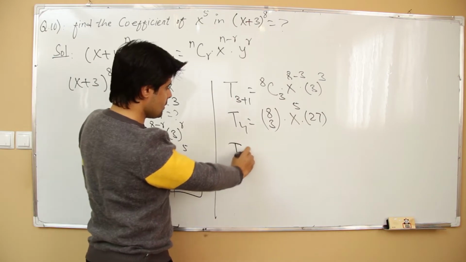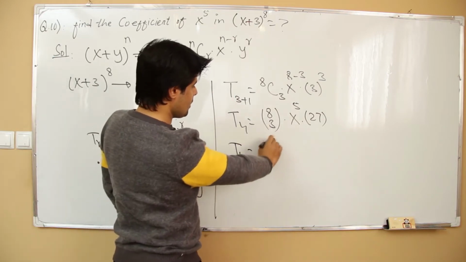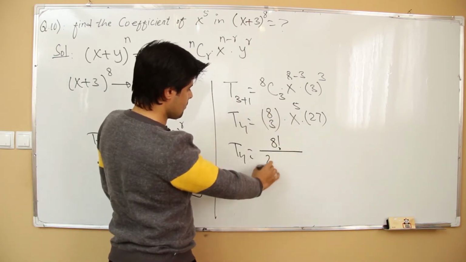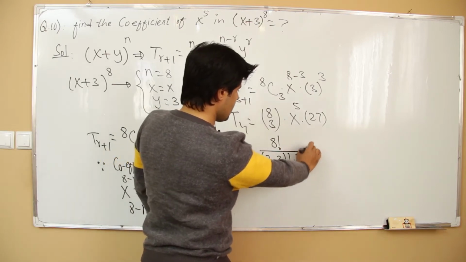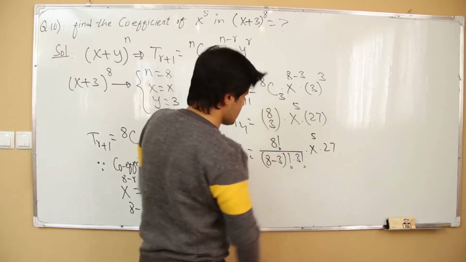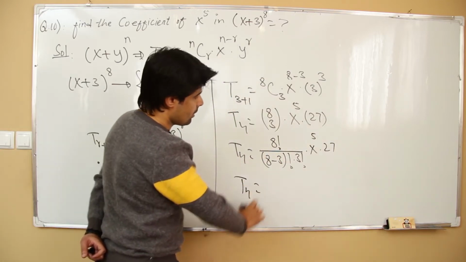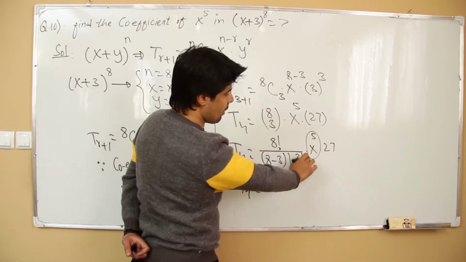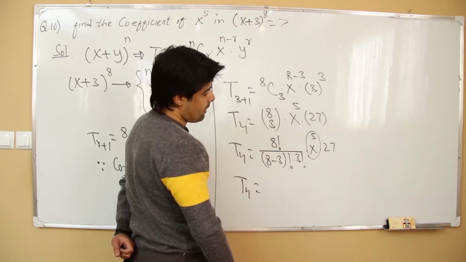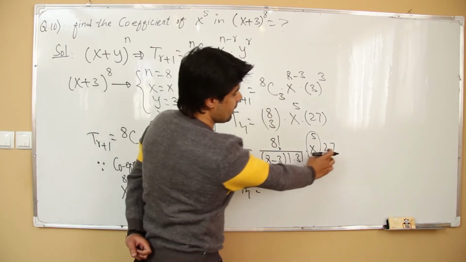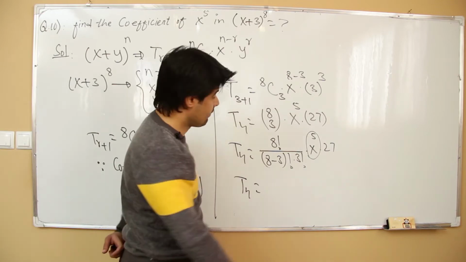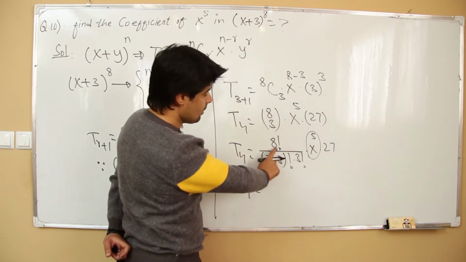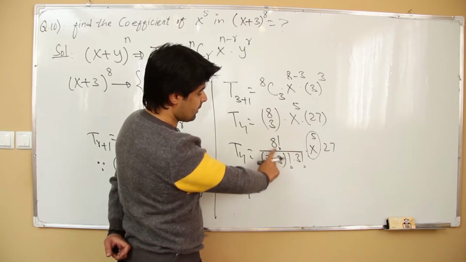Now you have T4, you know this formula, 8 factorial over 8 minus 3 factorial times 3 factorial, x to the power 5, 27. Now T4, the coefficient of x to the power 5, this term and this term, they are the coefficient for x to the power 5. I mean 8 factorial, 8 minus 3 is 5 factorial.